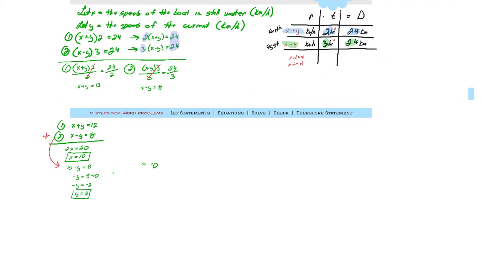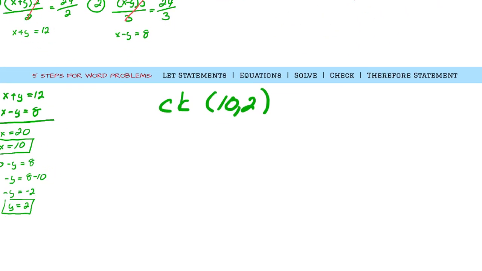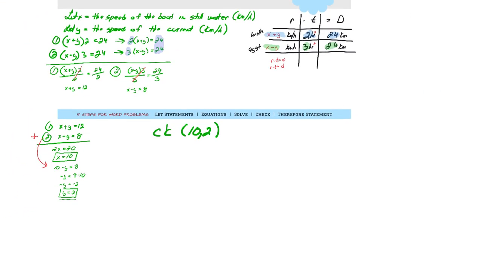Now on to the check, and I will put the check here in the middle of our screen. So we're checking, make sure you write it correctly. X is 10, y is 2. The original equations, and it doesn't matter which ones we use, but I will use the first ones I wrote. So it is x plus y times 2, and that's 24, and x minus y times 3, and 24 on the other side.